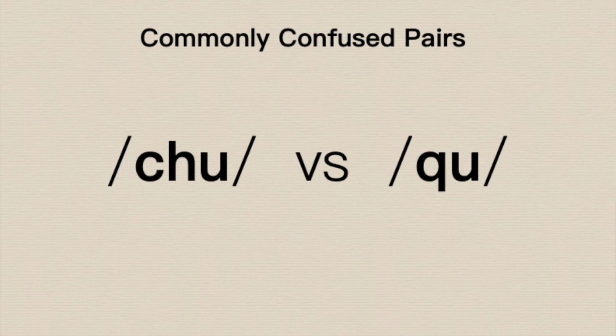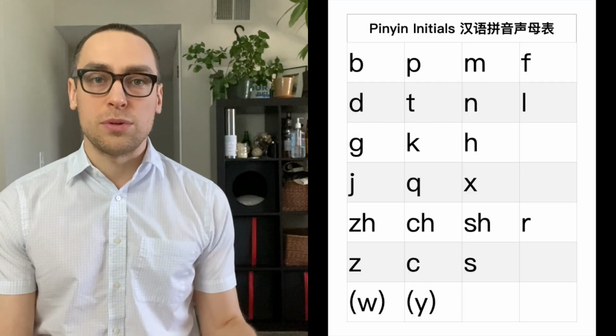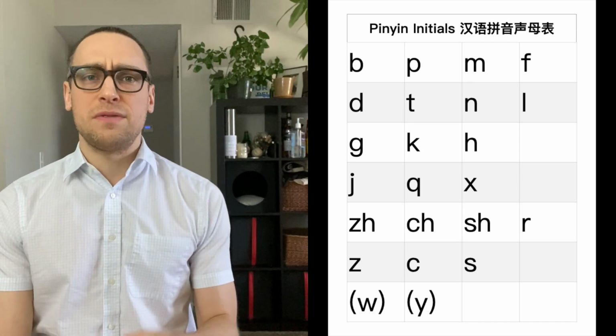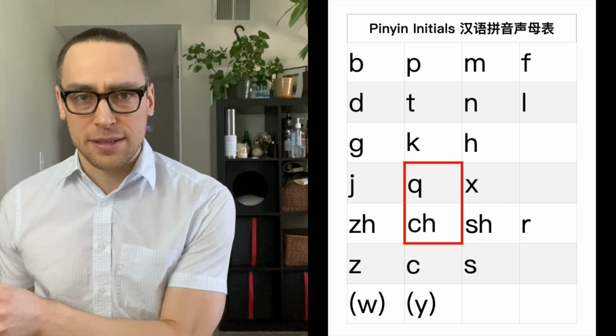So if you can remember way back when I was introducing the pinyin initials, or basically the consonants that you need to be able to pronounce to start syllables or words in Mandarin, I mentioned that there are two different kinds of CH sounds. This is the difference between the retroflex consonants and the alveolo-palatal consonants.